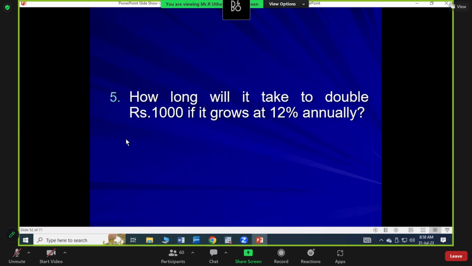Then the number of periods you don't know. Actually, this question asks us to calculate the n value. Number n is equal to how much? Then what else do you want? Double the money, so you have the future value Fn, which you should define as 2000.